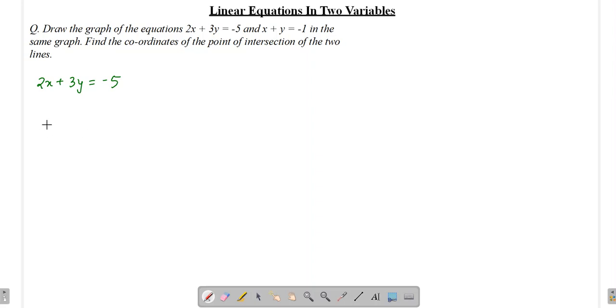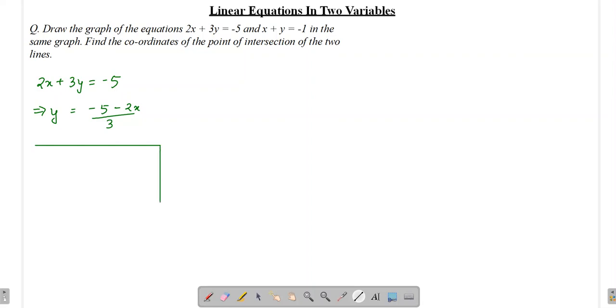We will write y in terms of x. So that gives us y is equal to minus 5 minus 2x, divided by 3. So this is what we will get, and then quickly I'll make a table for the same.